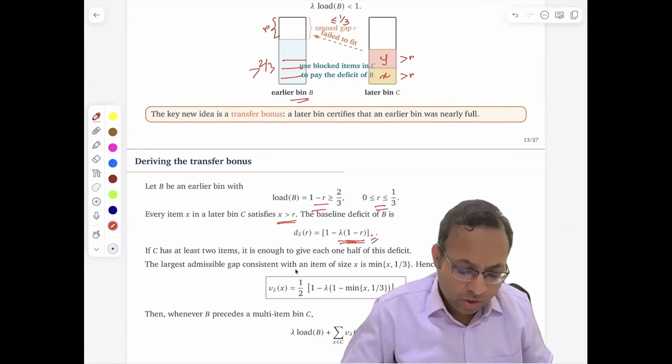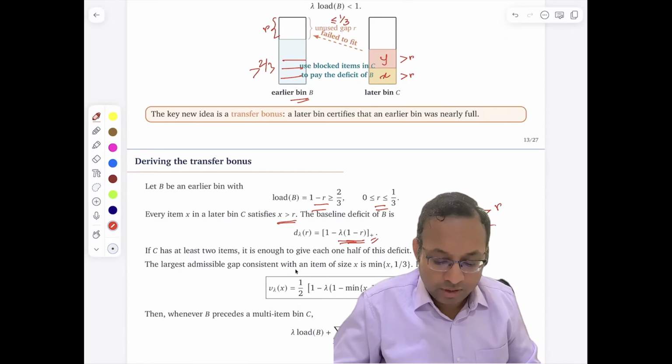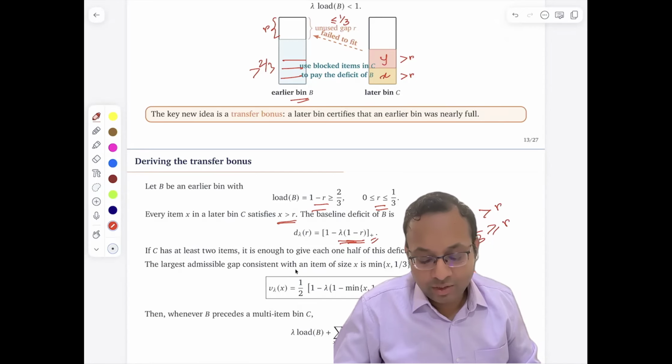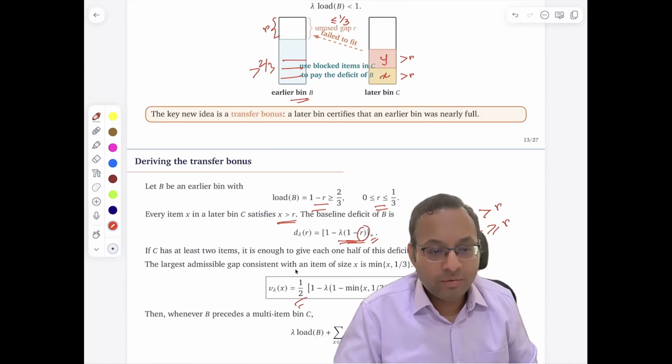Now here, the property we have is X is more than R. And also we know 1/3 is strictly more than R. So R is less than or equal to the minimum of X and 1/3. We just put that value here, R, and then divide by 2 because there are 2 items going to pay.